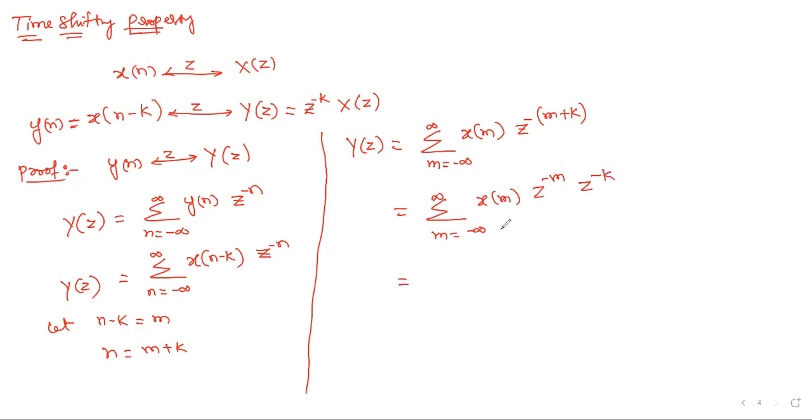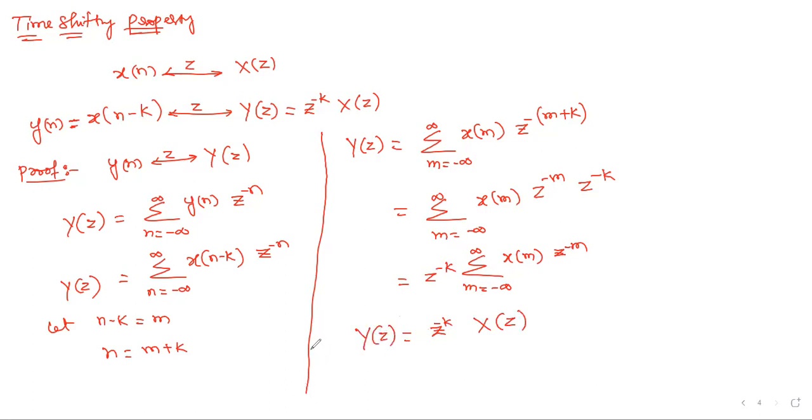You take z power minus k outside because in this expansion m is varying, so k is a constant value, right? So z power minus k into summation m equal to minus infinity to infinity x of m z power minus m, which will become x of z. So this is the y of z.